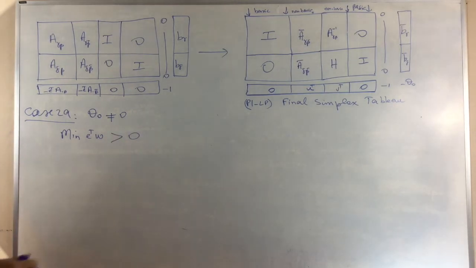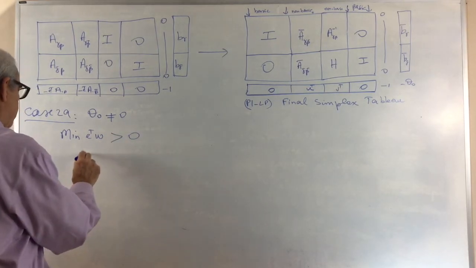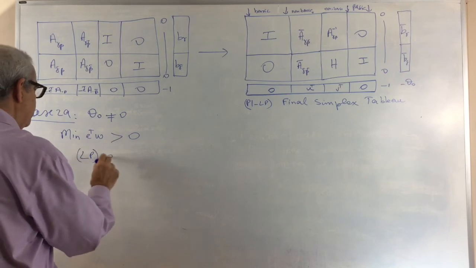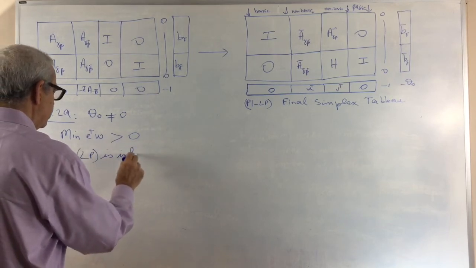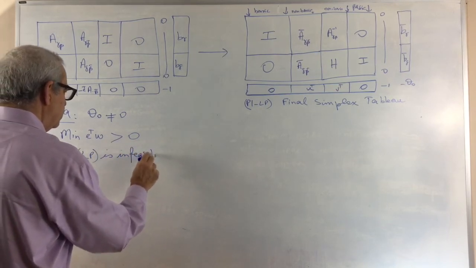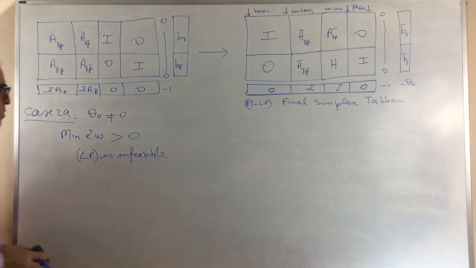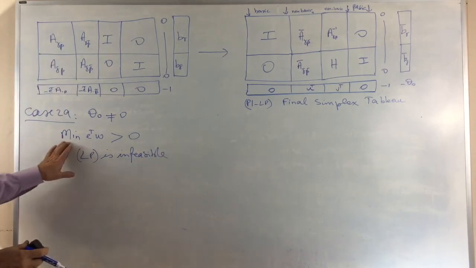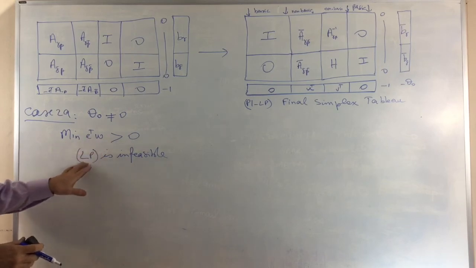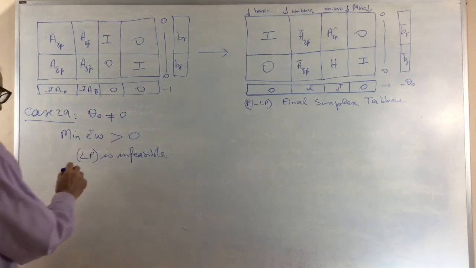So therefore, the LP is infeasible. We saw that earlier: whenever the minimum of phase 1 is bigger than 0, our LP is infeasible. Here, no phase 2.